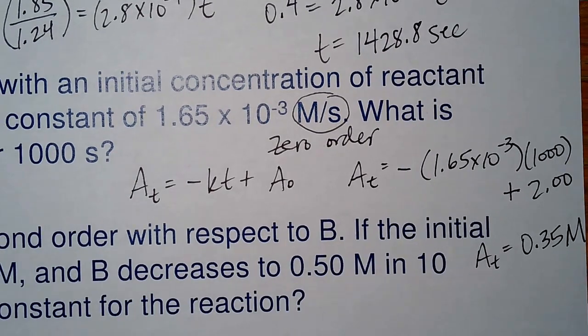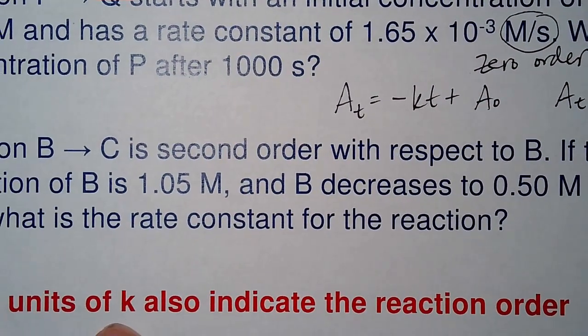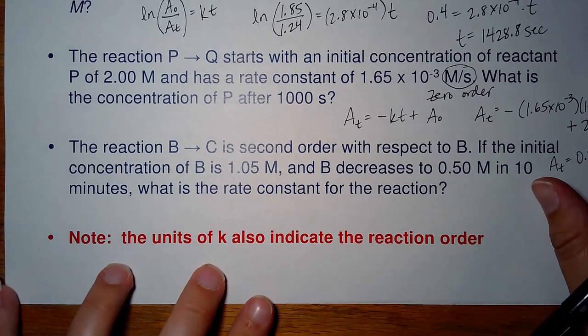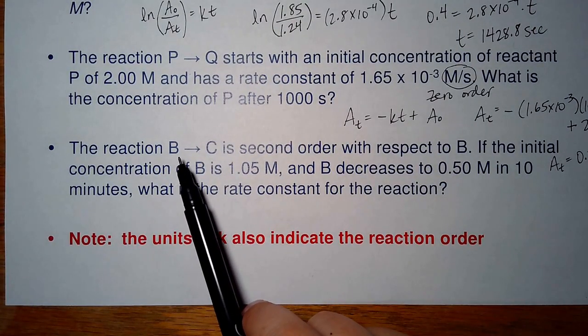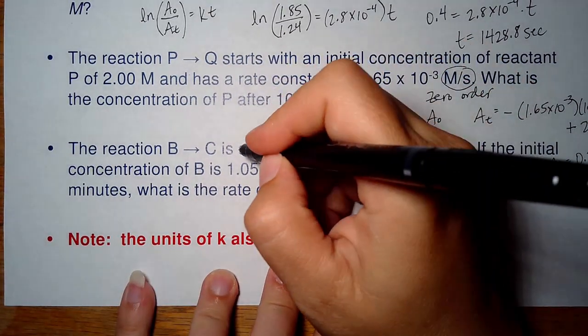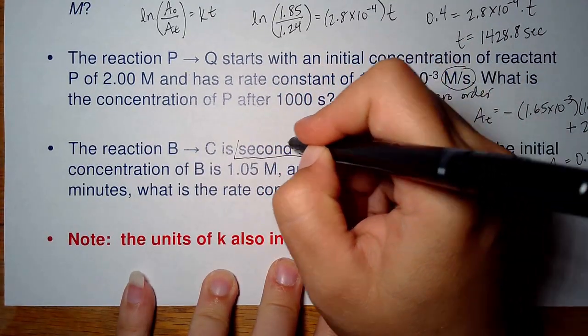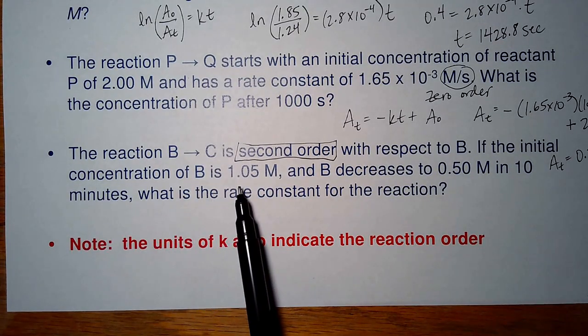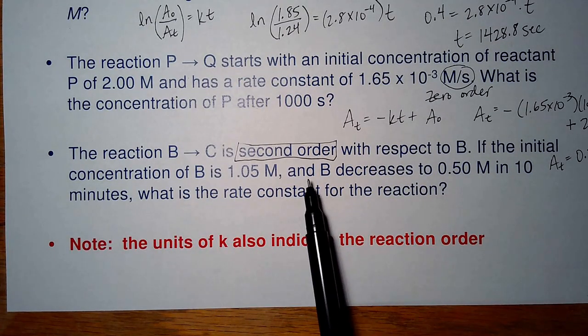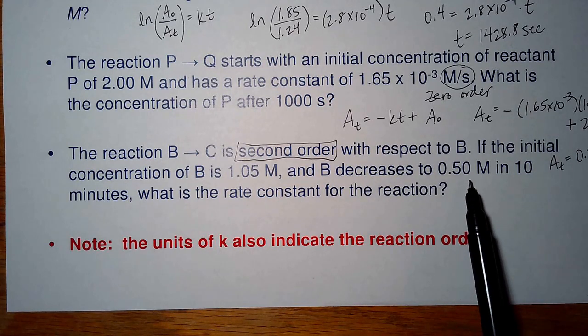Alright, our last example, B going to C, so B is our reactant, is second order. So this one is telling you the reaction order with respect to B. If the initial concentration of B is 1.05 molar and decreases to 0.5 in 10 minutes, what is the rate constant?